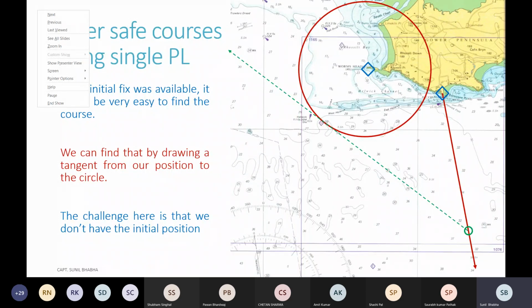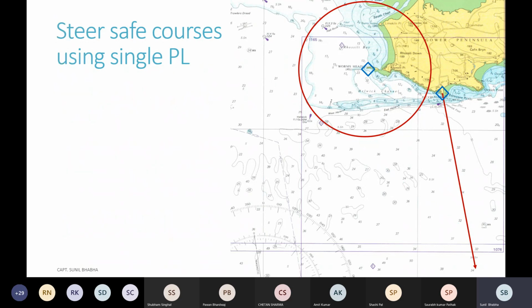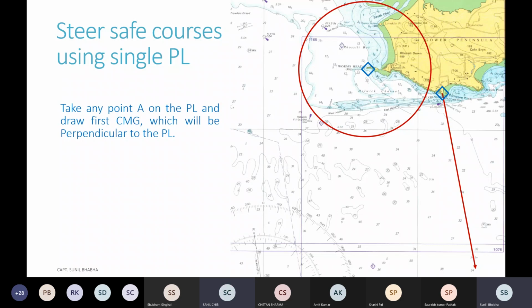So let's see how we can do that. Now for this, we have to take any arbitrary point on the initial position line. So on this position line, let's pick up a certain point. Any point of your liking you can pick up.